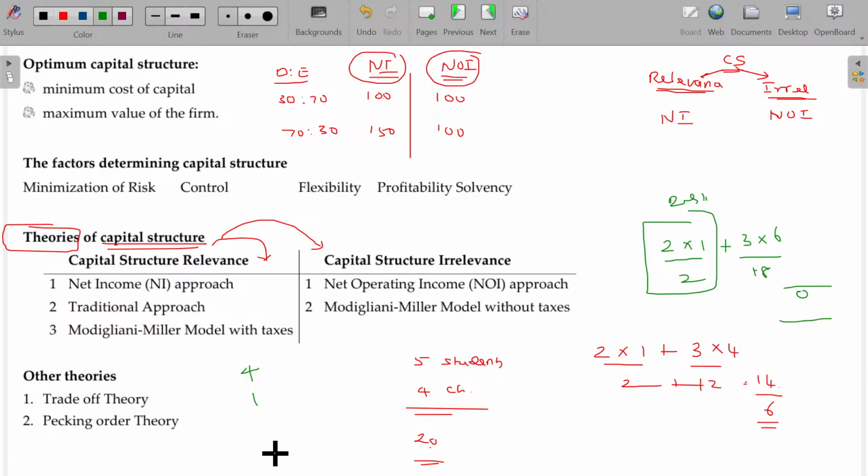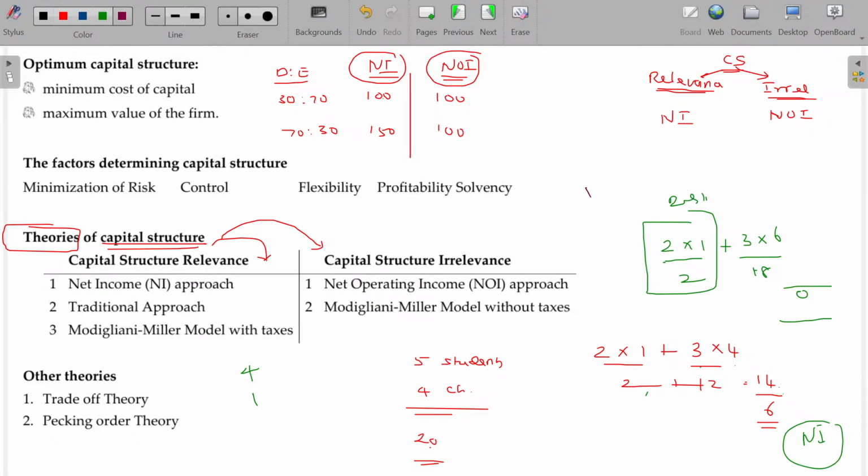Somebody will take only 1. So by giving just 1 to these 2 debenture holders, I will spend 2 rupees. Remaining 4 rupees will be payable for the 3 equity shareholders. So 14 will be the overall spending, 6 rupees saved. This is called NI approach.